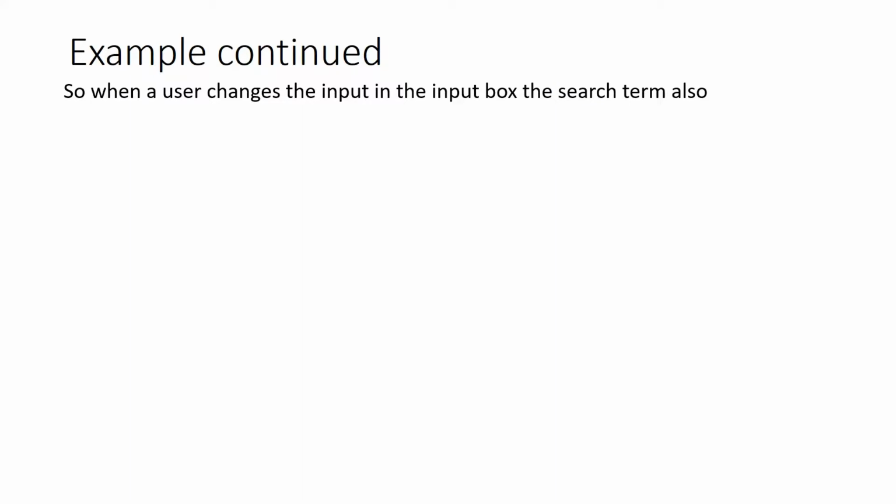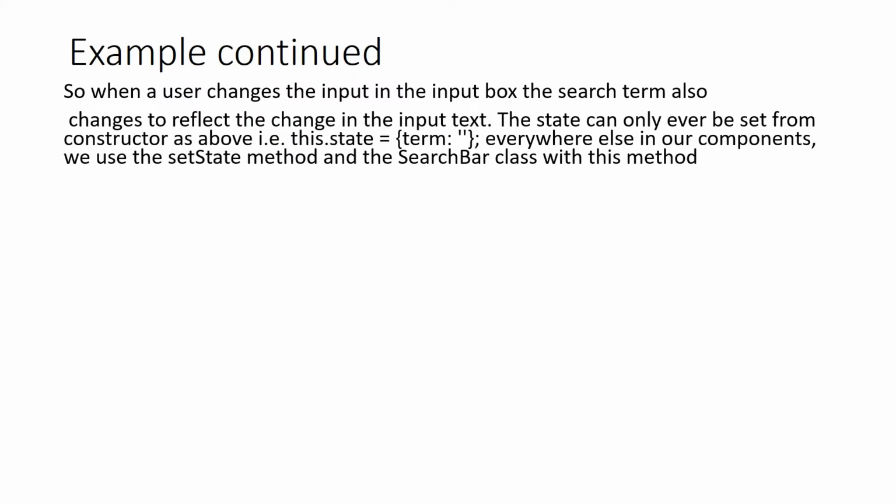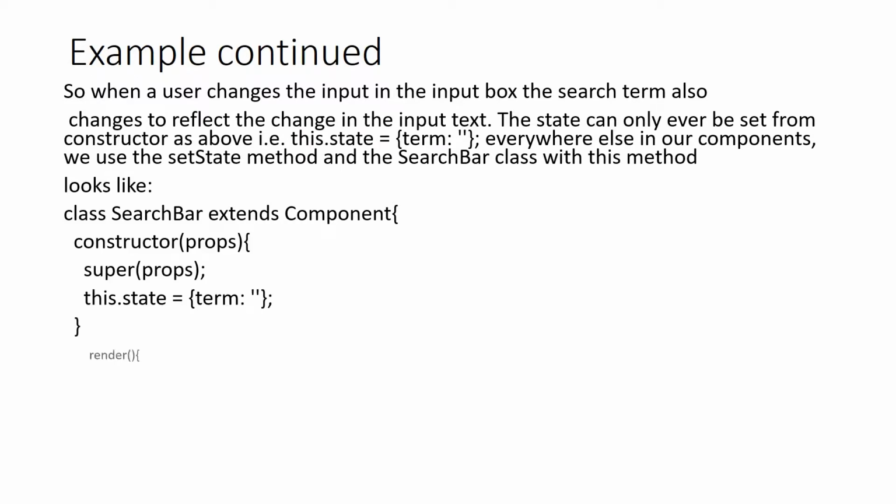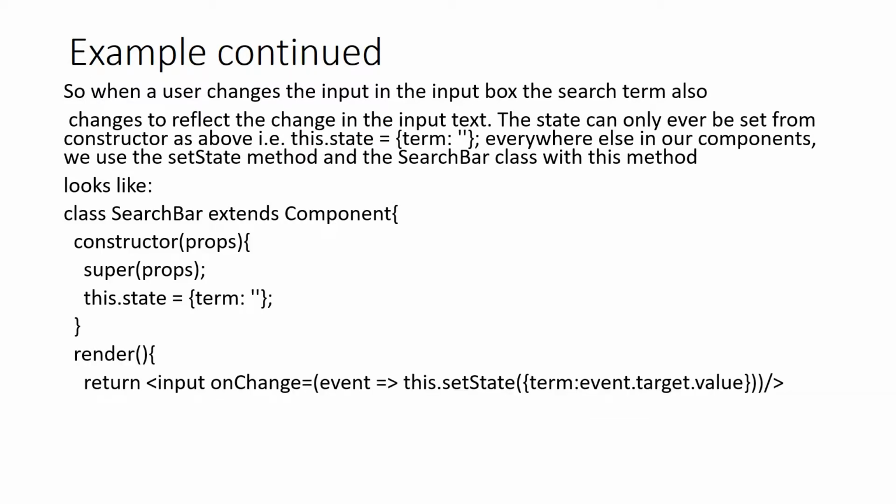Continuing with the example, when a user changes the input in the input box, the search term also changes to reflect the change in the input text. The state can only ever be set directly from the constructor as above. Initially it is set from the constructor, but everywhere else in our components we use the setState method. In the render method, it returns the input with the callback event of onChange.